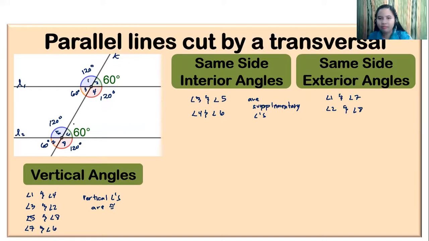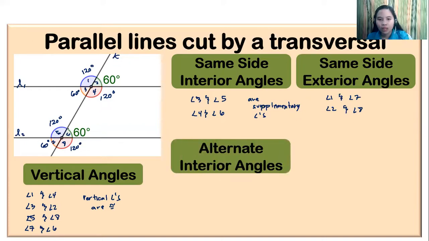Next. How about alternate interior angles? Kanina, same side. Now we have alternate, magkaiban po ng side. And it's interior, so nasa loob ng parallel lines, like angle 5 and angle 6. Mali po.